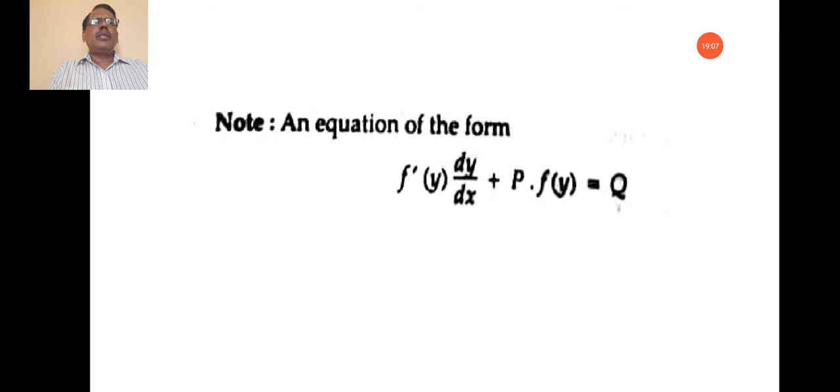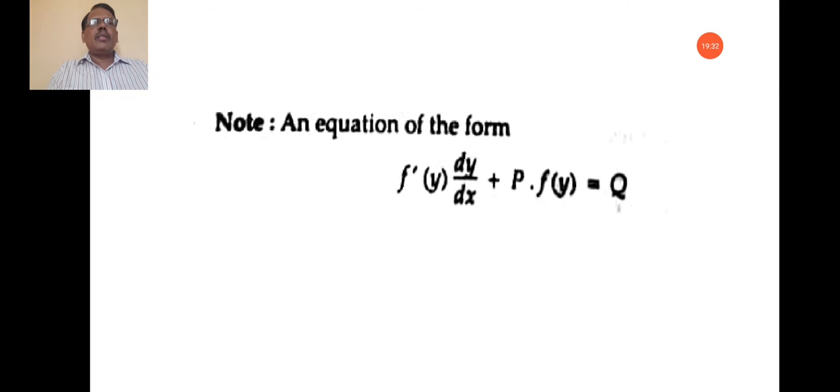Here you see this equation f dash of y into dy by dx plus p into f of y is equal to q. Here the coefficient of p is f of y, that is a function of y, and the coefficient of dy by dx is f dash of y, that is the derivative of f of y.